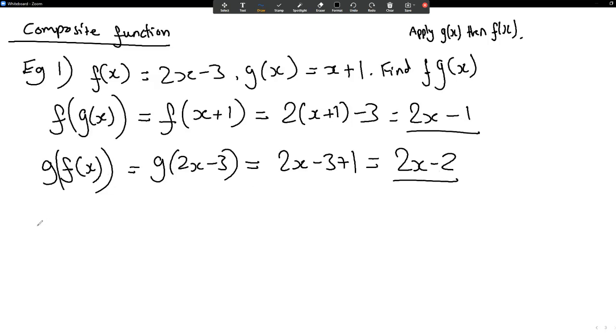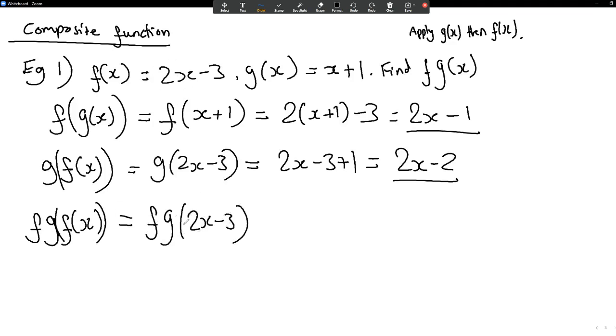We can actually combine more of these functions together. We can do f(g(f(x))), and that equals, well, we just use a similar approach. So we put f(x) in brackets. Well, f(x) is just this, 2x minus 3. And we know how to work with g(2x minus 3). We figured it out here actually.